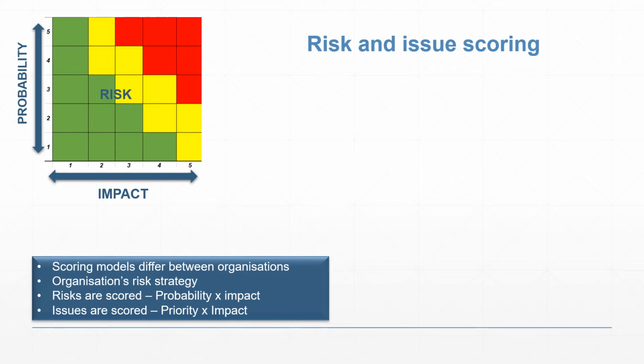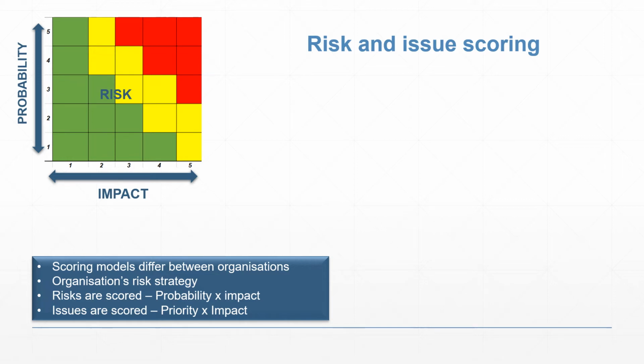And then we've got the probability, and now we're looking at it from a y-axis perspective. The way that this organization has decided to score this particular y-axis is from 1 to 5. As long as you're on this side, it's green, and as it goes towards the right hand side of the matrix, they've added some ambers there, and then they've added a red, then there's 2 reds, and then there's 3 reds, and so on and so forth.